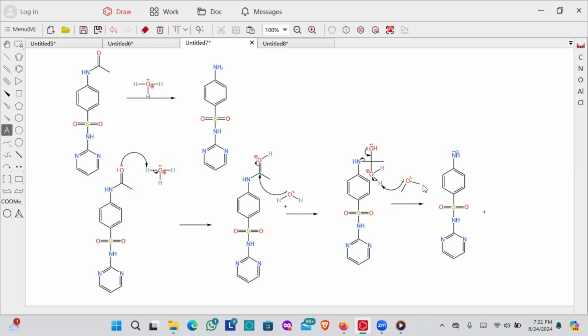Let's also add the hydrogen atoms on the water molecules. Okay, so what we're going to end up with is this.